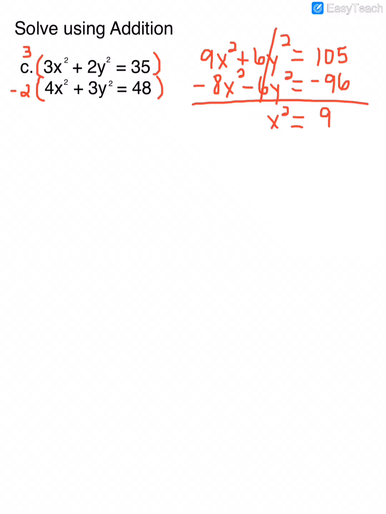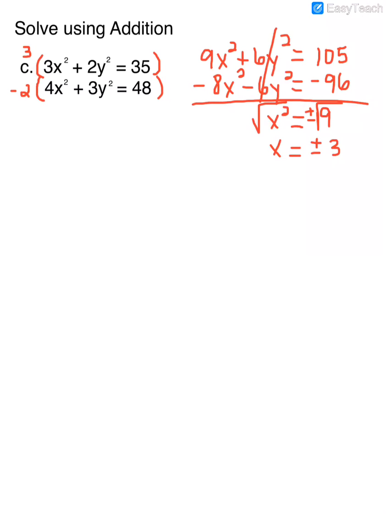Okay, to solve for x, the x is squared, so I need to take the square root, and anytime I take the square root of a number, it's plus or minus. So x equals plus or minus 3. Okay, so I have 2 solutions for x, positive 3 and negative 3. I need to take each one of those into either one of the original equations and solve. I'm going to go with the top equation.